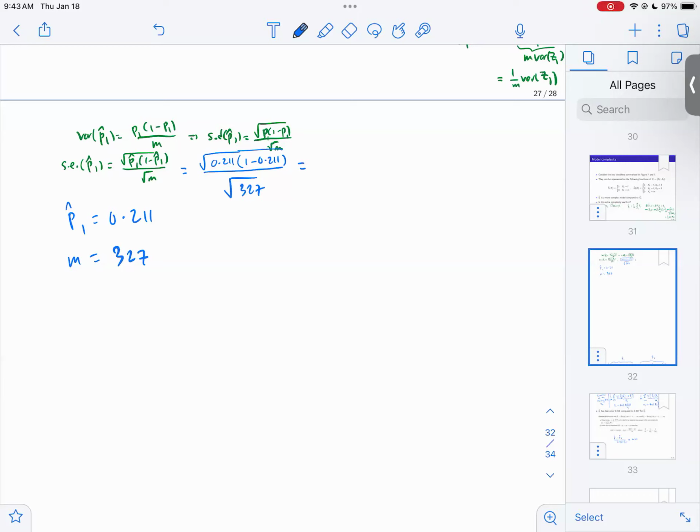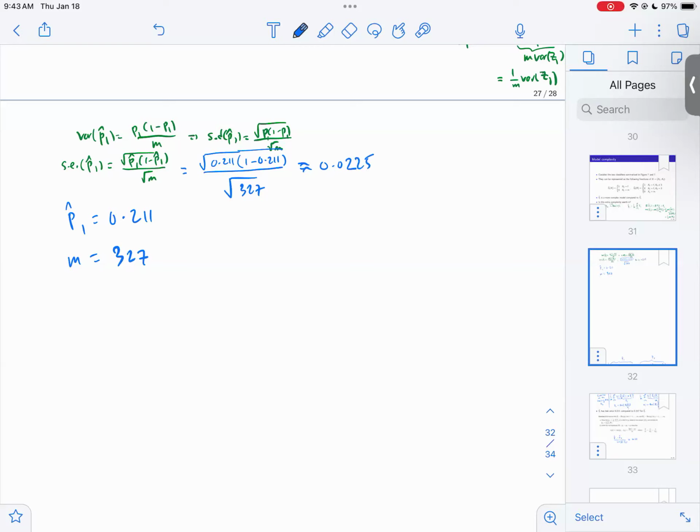So it's roughly 0.02, something like that.